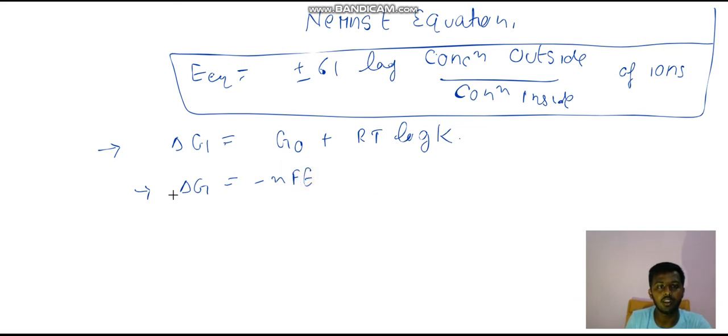So if we put this in the case of delta G, it will be minus NFE, and replacing the G naught, the standard Gibbs free energy, we need to put a standard potential, that is E naught plus RT log K.